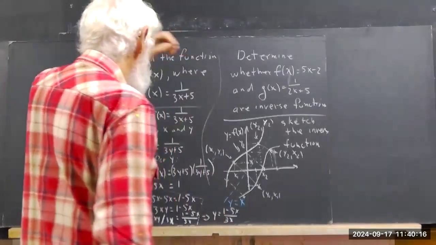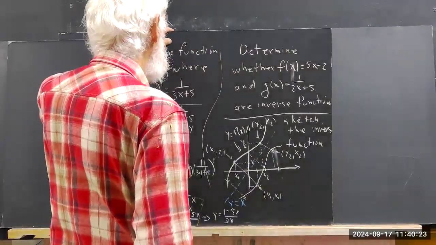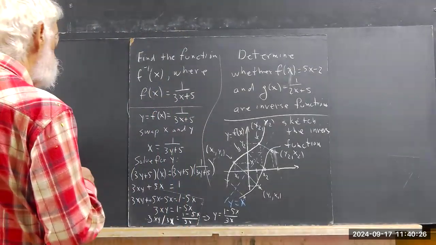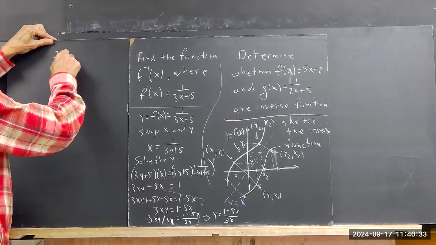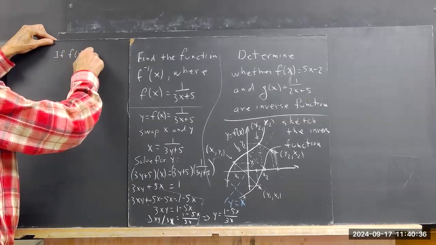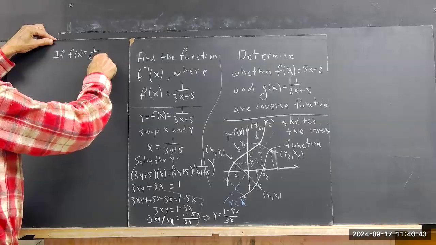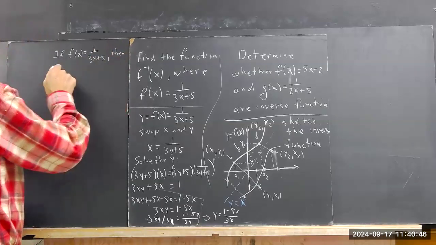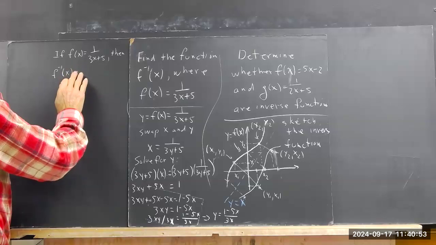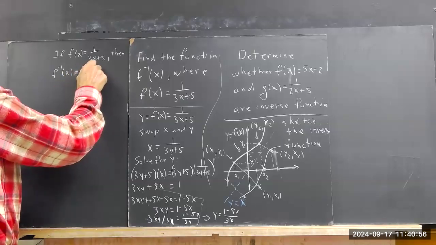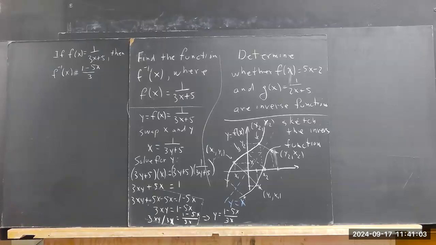So we can say that if f of x equals 1 over 3x plus 5, then f inverse of x is 1 minus 5x over 3x.